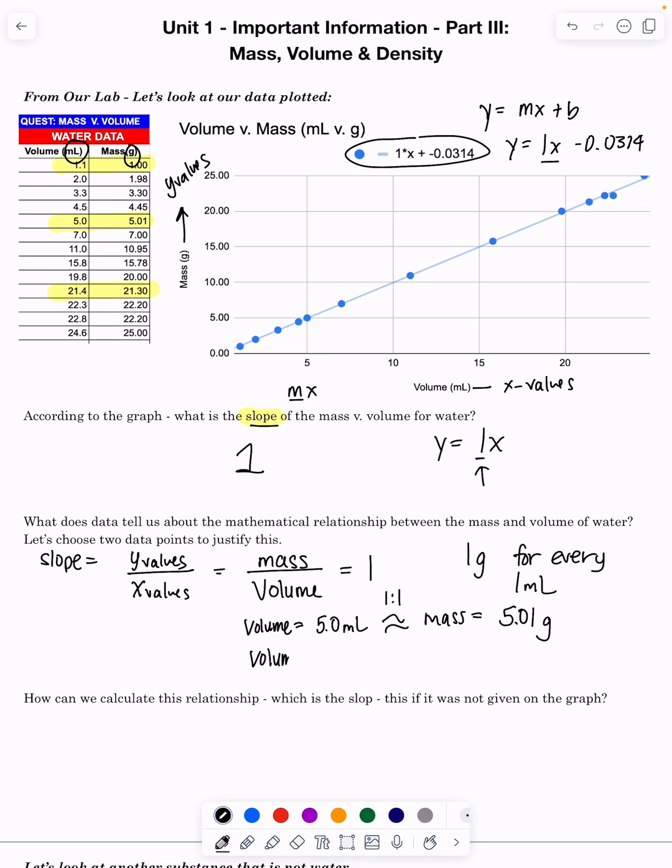If the volume was 21.4 milliliters, the mass was 21.3 grams. Again, this is 1 to 1, approximately, with some human error here. So if our slope is 1, that means our mass value is equal to our volume value for water.